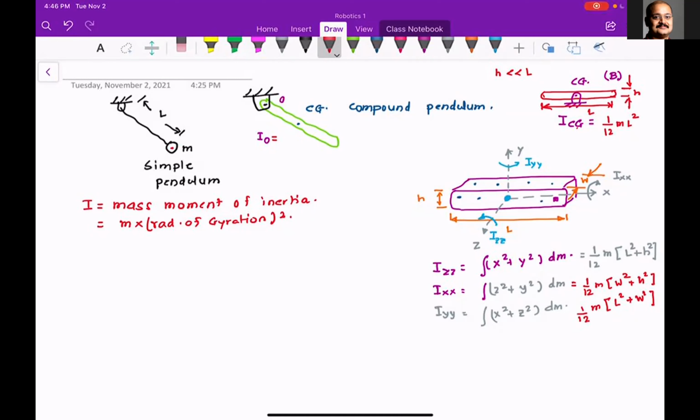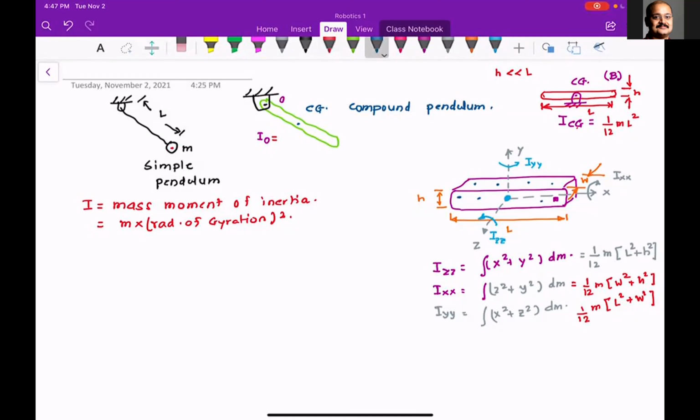Imagine I have this compound pendulum, and I want to write down the equation for the kinetic energy of this compound pendulum.